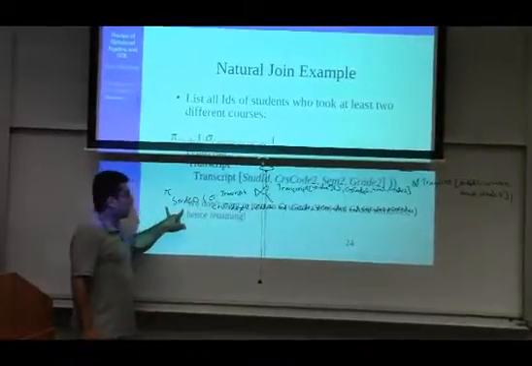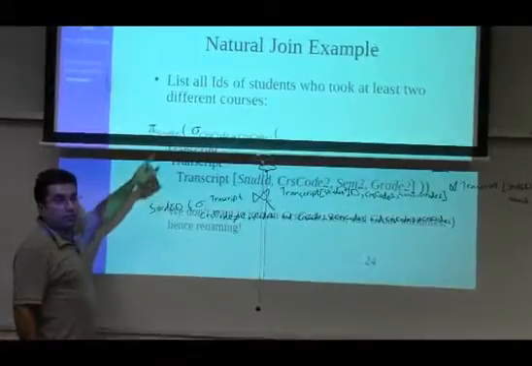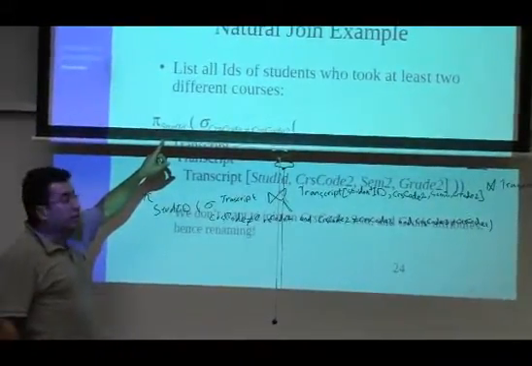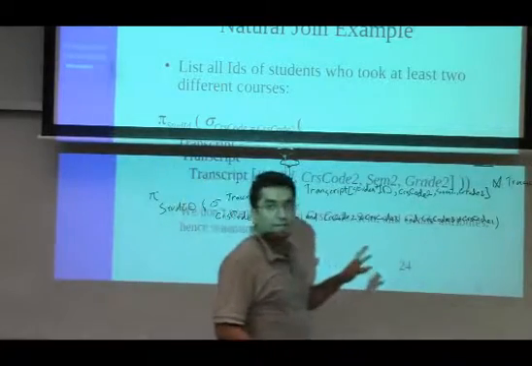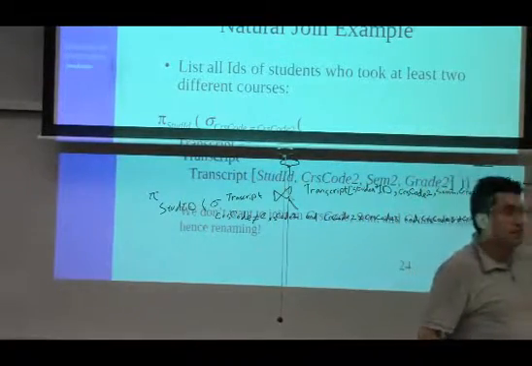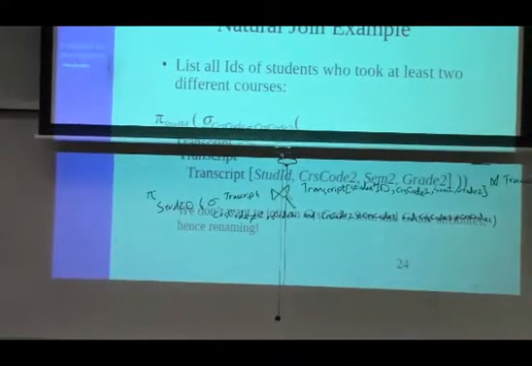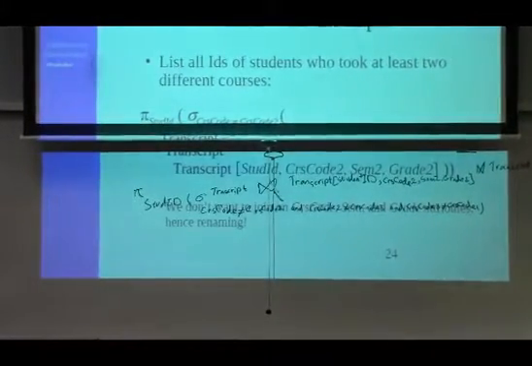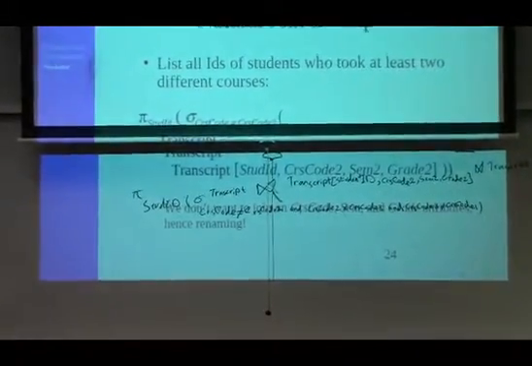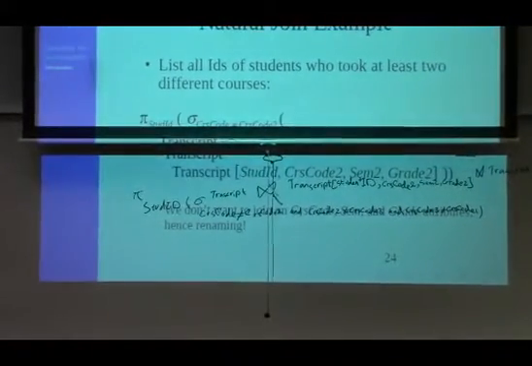I'm projecting the student ID because the previous table has a student ID, and we cannot have more columns because why? We cannot have more than one column.